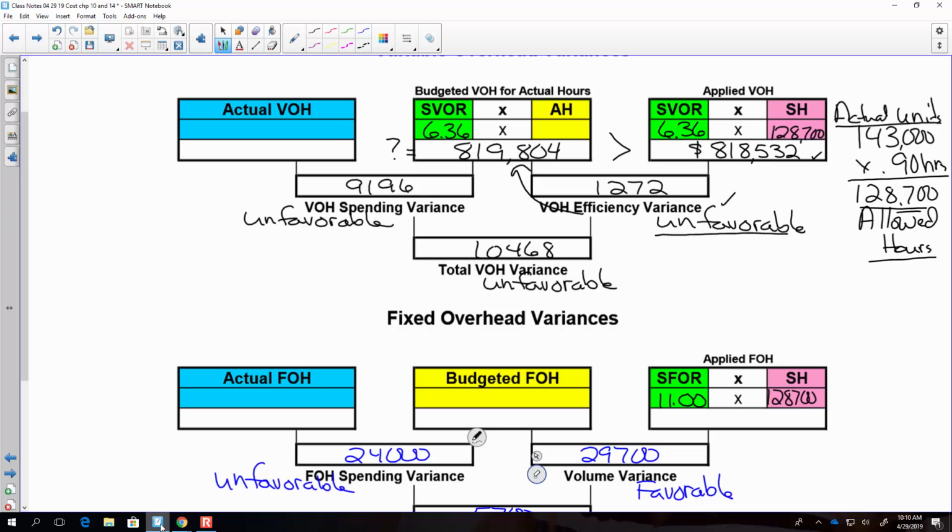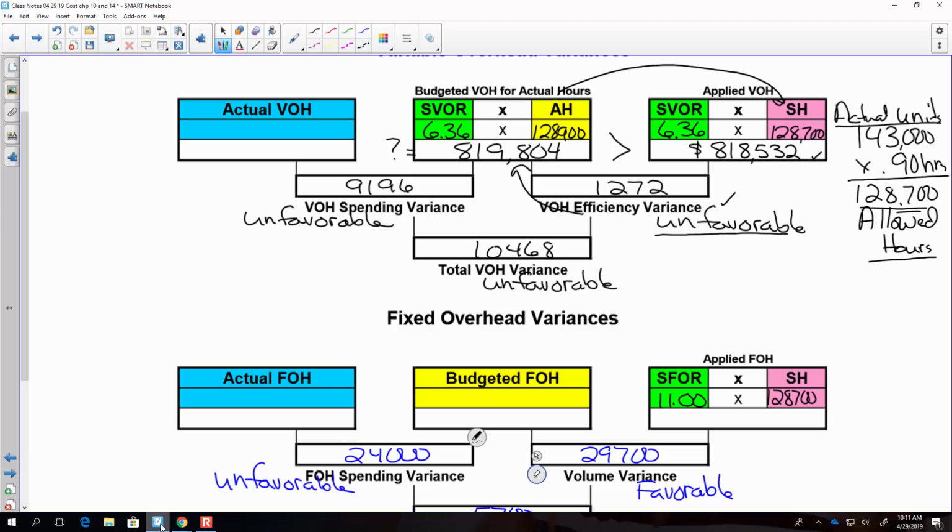So now that I know this, Liz, what's my actual hours? 128,900. Doesn't that make sense that the actual hours are more than the allowed? That makes it unfavorable too, right?